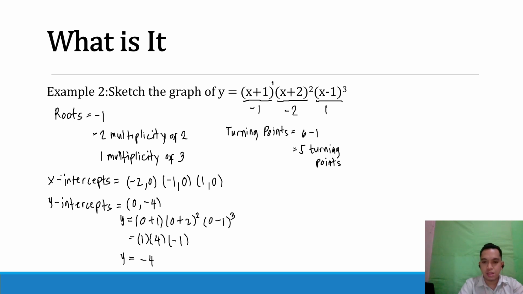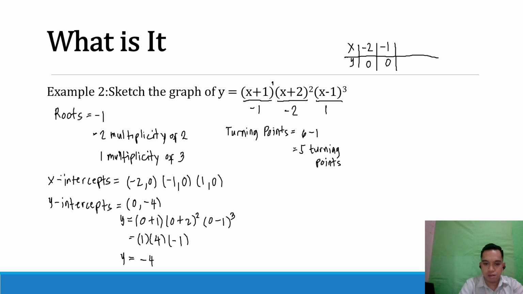Okay, then i-write natin yung ating table of values para mas madaling i-plot yung mga points. So, x and y. So, una is negative 2, 0. Next is negative 1, 0.